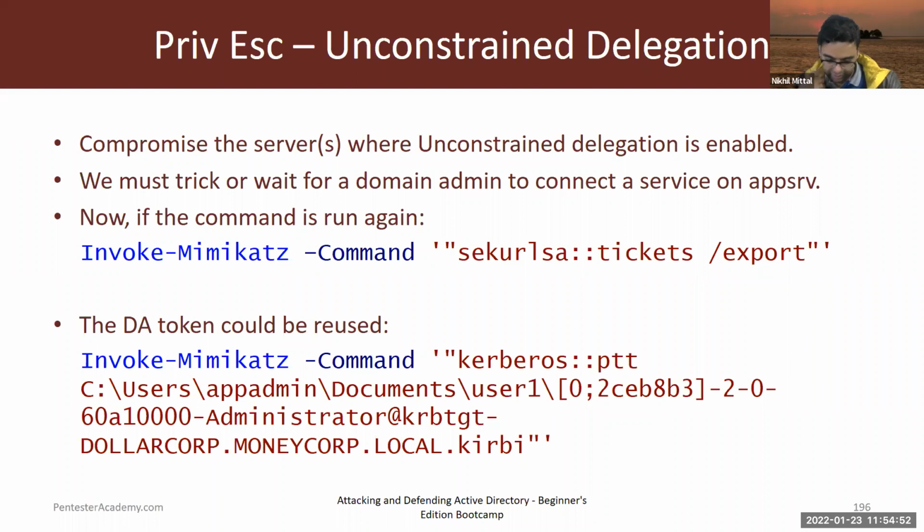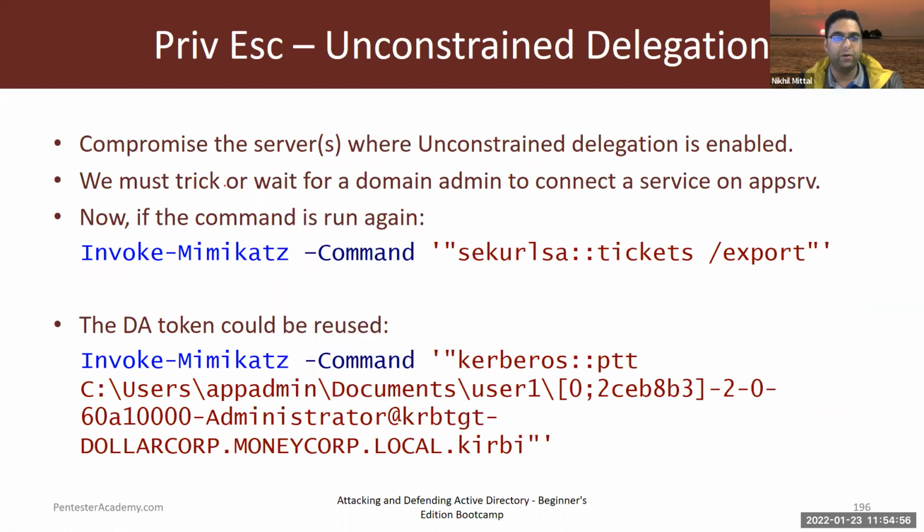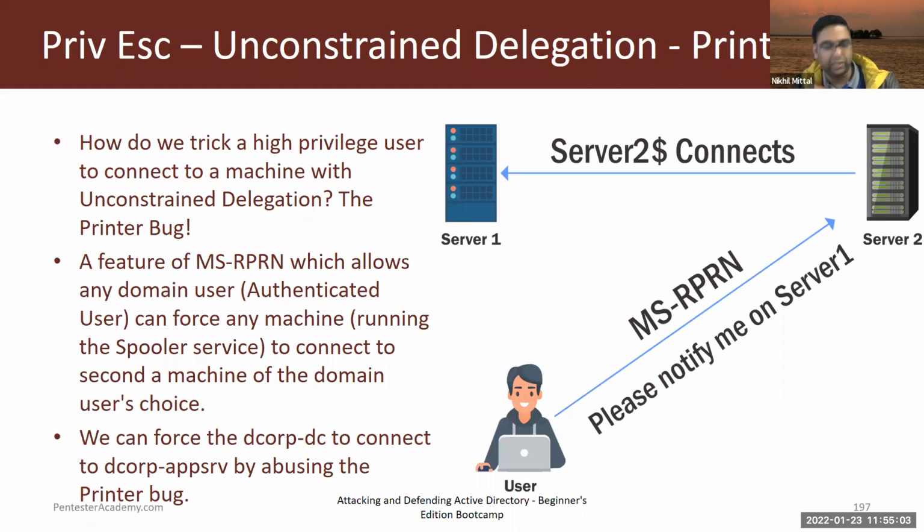However, this need to trick or wait for a domain admin to connect to a service was removed with the awesome find of the printer bug. Now, what is this printer bug? Discussed, I think, at the last DerbyCon 2018, by the guys who wrote BloodHound.